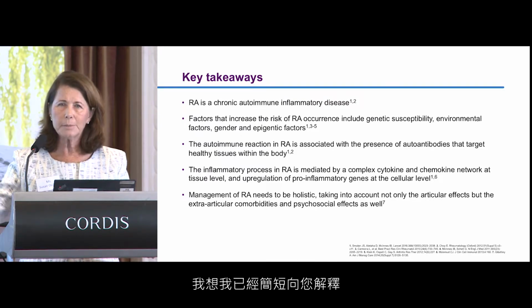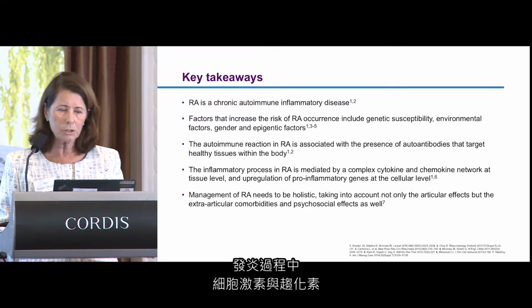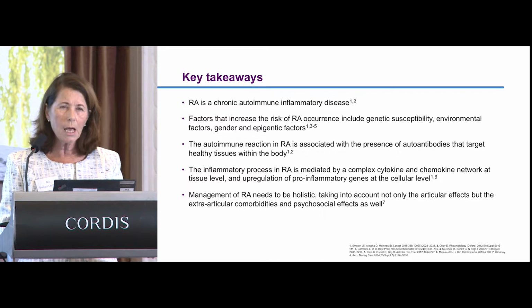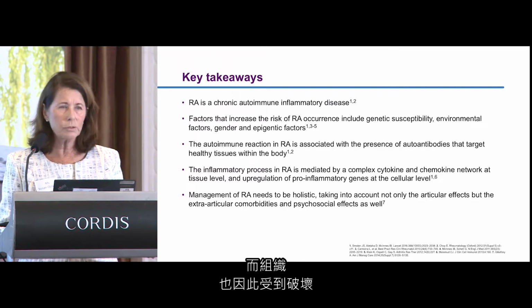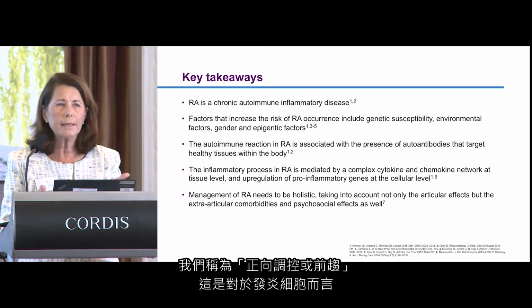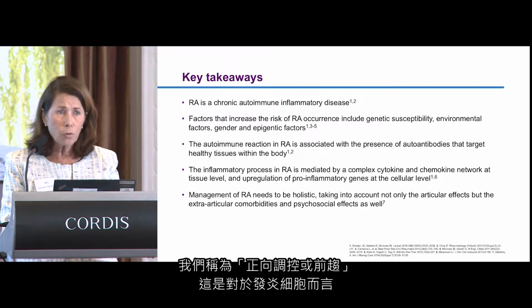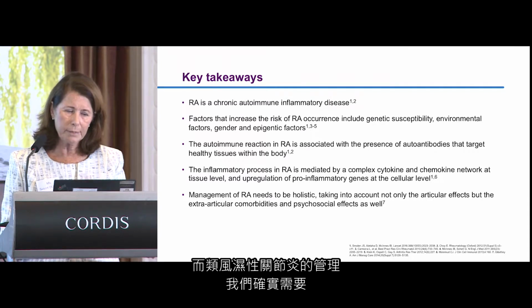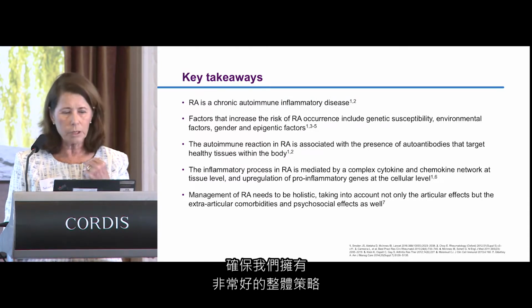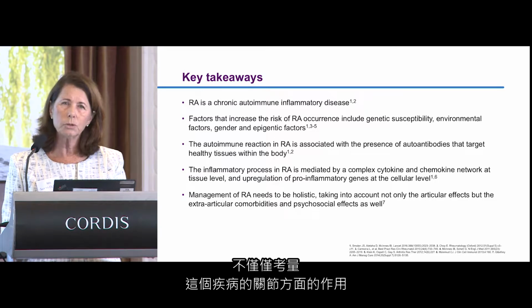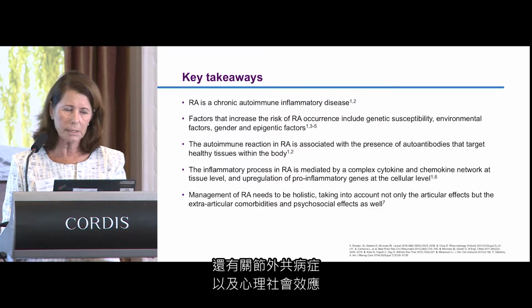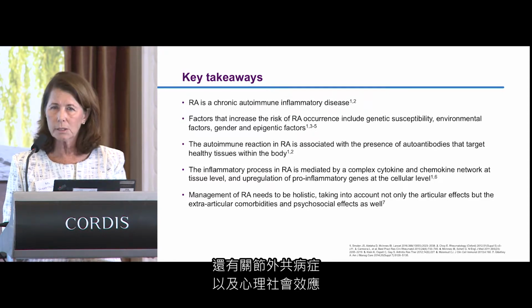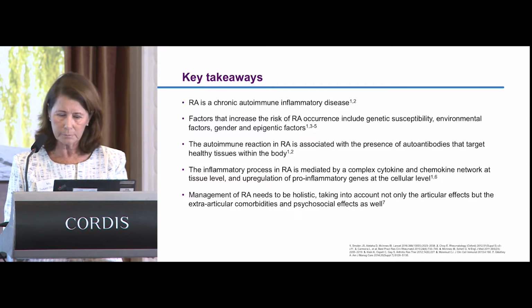I think I've explained to you just briefly the complex interaction in the inflammatory process with these cytokines and chemokines and the tissues that are damaged as a result of this, what we call upregulation of inflammation cells. And in the management of RA, we really need to ensure that we have a very good holistic approach, taking into account not only the articular effects of the disease, but the extra-articular comorbidities and psychosocial effects as well.